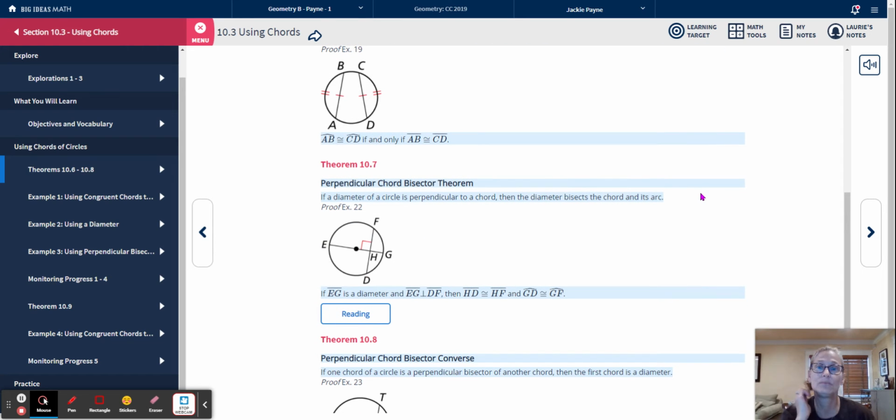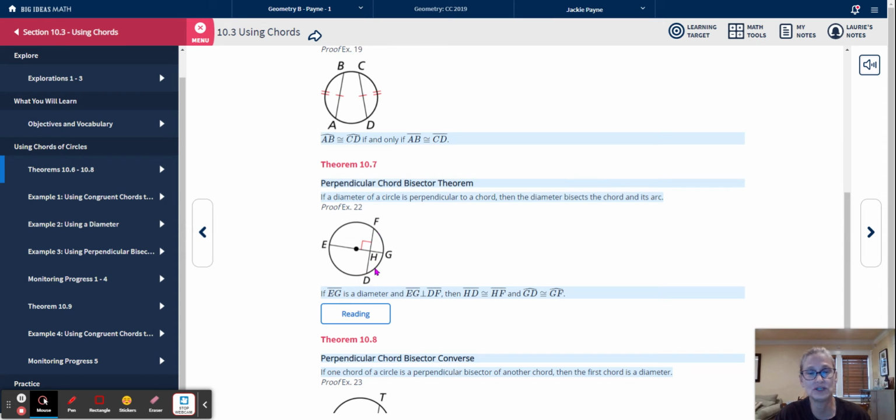Second theorem, 10.7. We're going to talk about perpendicular chord bisectors. If a diameter of a circle is perpendicular to a chord, so that would be EG, then the diameter bisects the chord and its arc. So again, I'd be highlighting: if EG is perpendicular, then EG bisects FD.